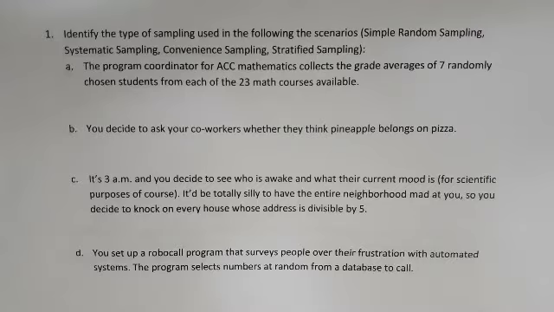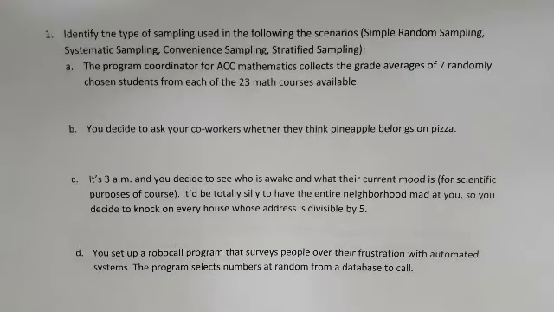It'd be totally silly to have the entire neighborhood mad at you, so you decide to knock on every house whose address is divisible by 5, or say every 5th house, which is about probably the same thing. D, you set up a robocall program that surveys people over their frustration with automated systems. The program selects numbers at random from a database to call. Okay, so I'm basically giving you one of each here.